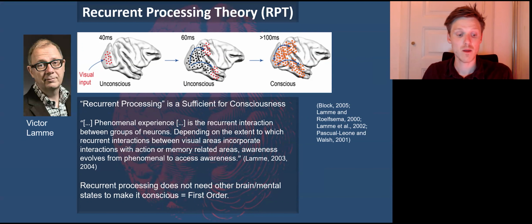So subjects, while they have to report or memorize their phenomenological experience, it may take some other mental states to do that, but at the core, it's a first-order theory. It's a mental state, and because it has recurrent processing as its neuronal basis, which does not require any other brain area in order for it to be phenomenologically conscious, in that sense, we can say that it is a first-order theory.